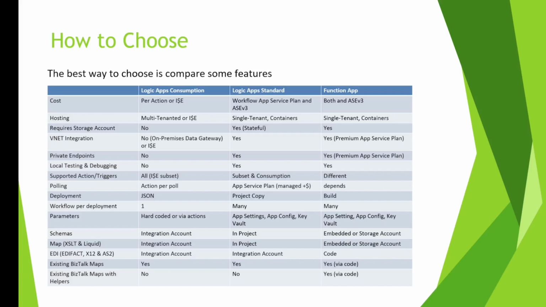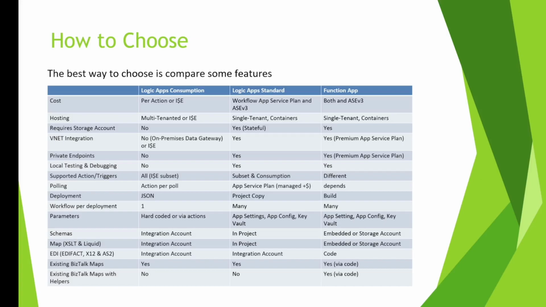With Functions you can have a consumption-based app service plan where you don't pay except when you use it. It's slightly different than the Logic Apps in terms of actions. It's a calculation based on how much CPU and how much memory you use, and basically that sets up your costing there.